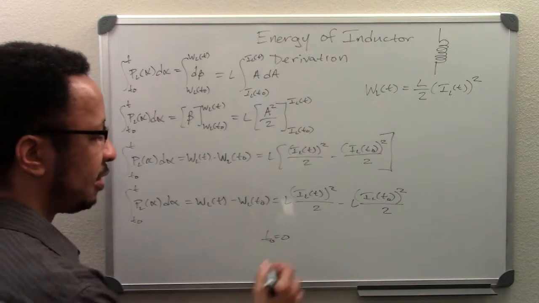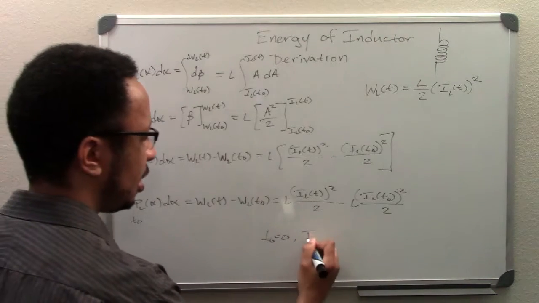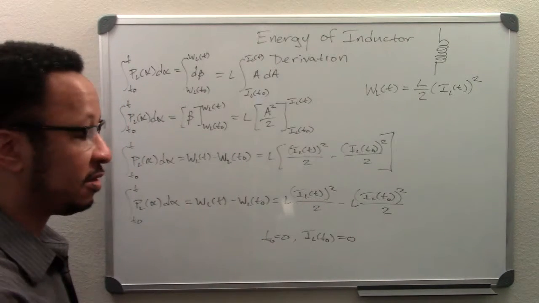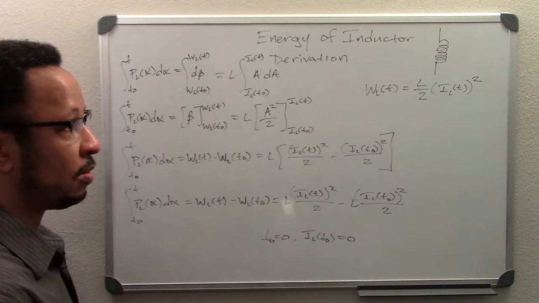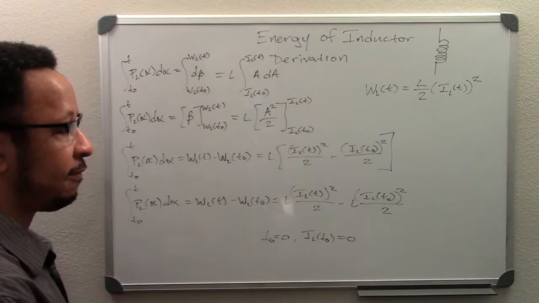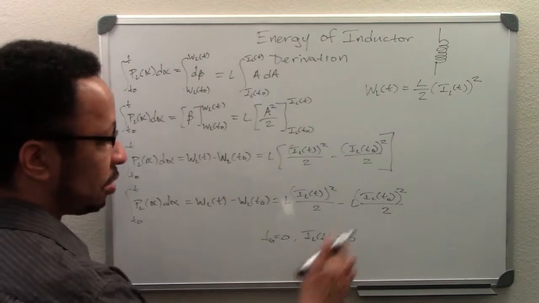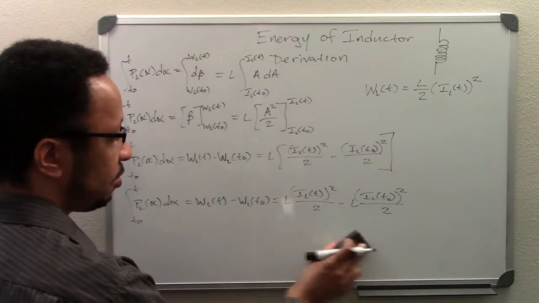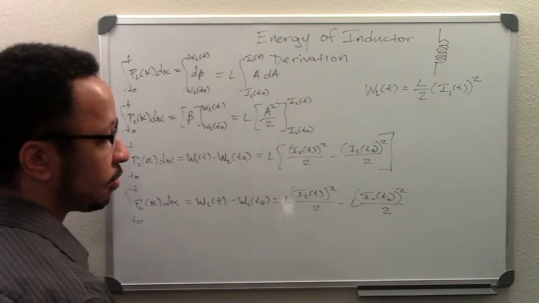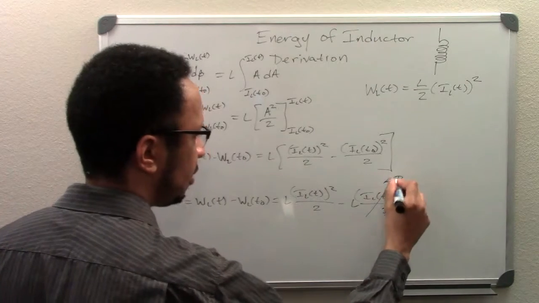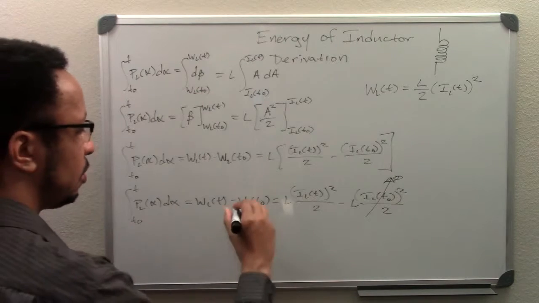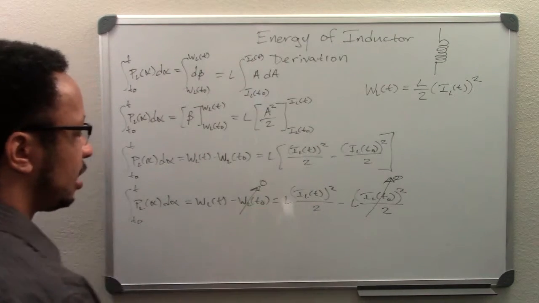And besides that, what's more important is that i_L(t sub 0) is usually equal to 0, which just says that usually there's no initial current through the inductor. So we can simplify even further and replace this with a 0. When we replace i_L(t sub 0) with a 0, this whole term comes out, and it corresponds to this term over here, W_L(t sub 0), and that comes out as well.